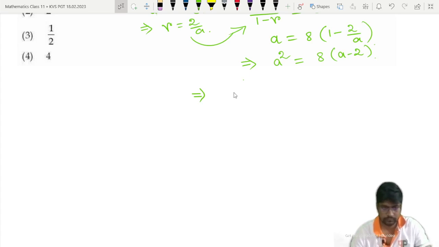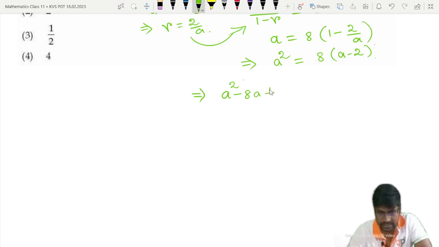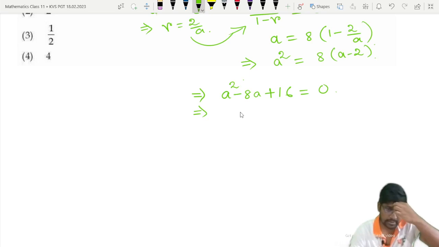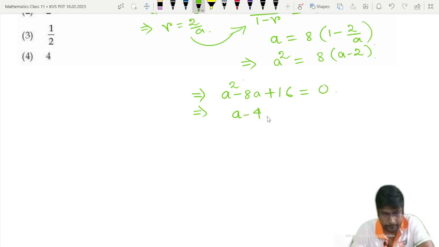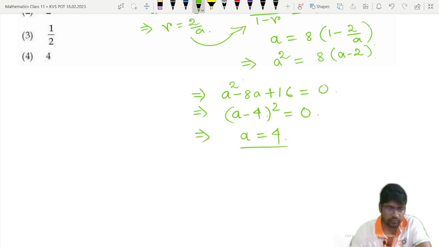That will give us a square minus 8a plus 16 is equal to 0. So this is a minus 4 whole square, not a minus 2, a minus 4 whole square is equal to 0. That will give us a is equal to 4.